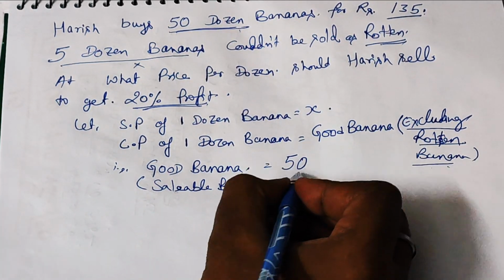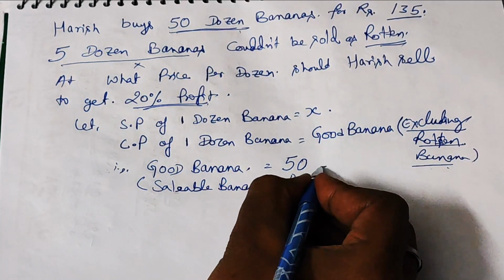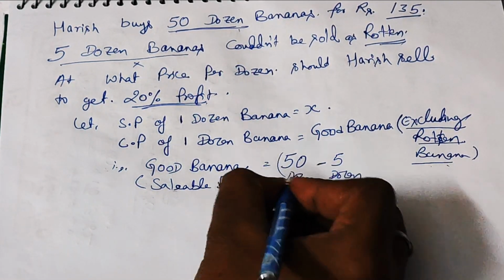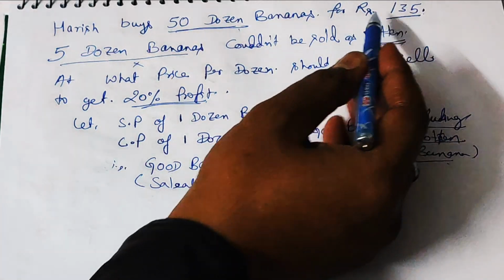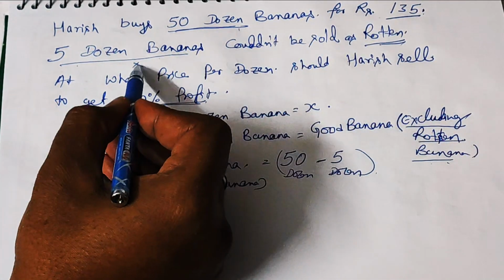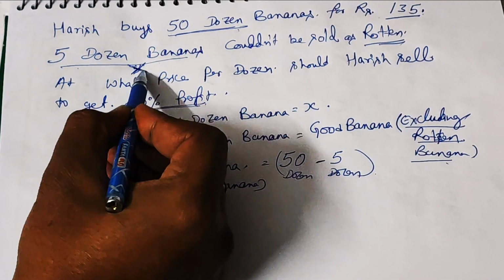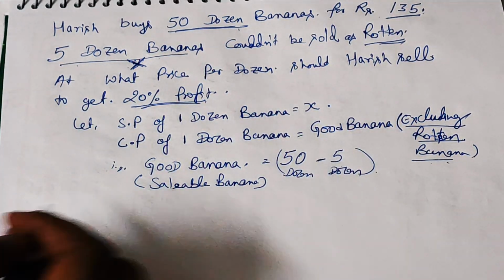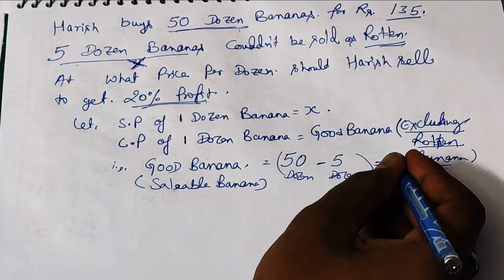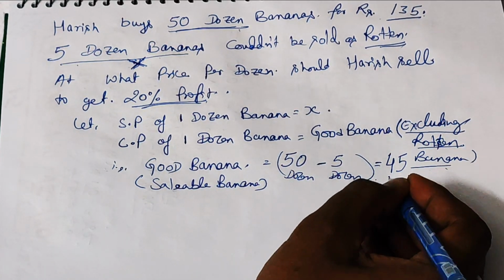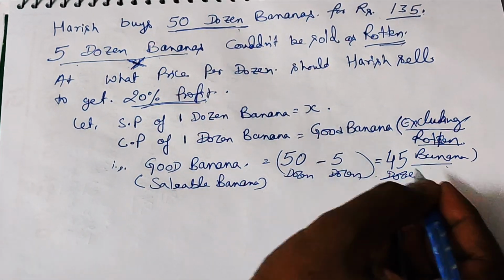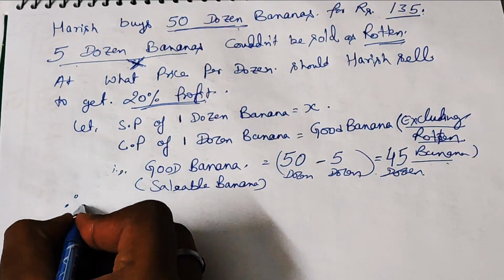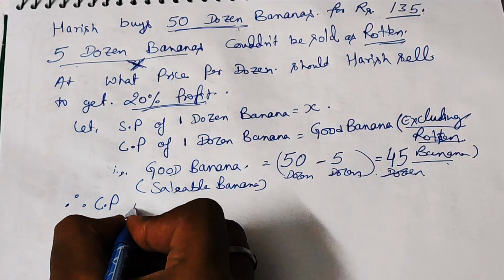Because 50 dozen was the total he bought, and out of that 5 dozen were rotten, so that will be excluded because it could not be sold. So the total number of sellable bananas is only 45 dozen, that is 50 minus 5.